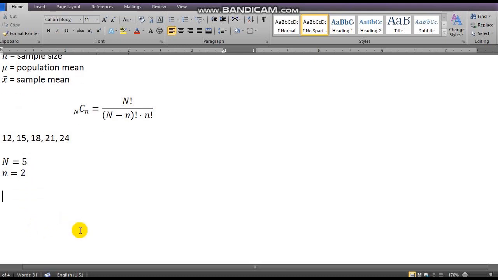The first thing we need to know is how many samples we can draw from this population. We make use of this formula: N taken n, where the population size is 5 and the sample size is 2.